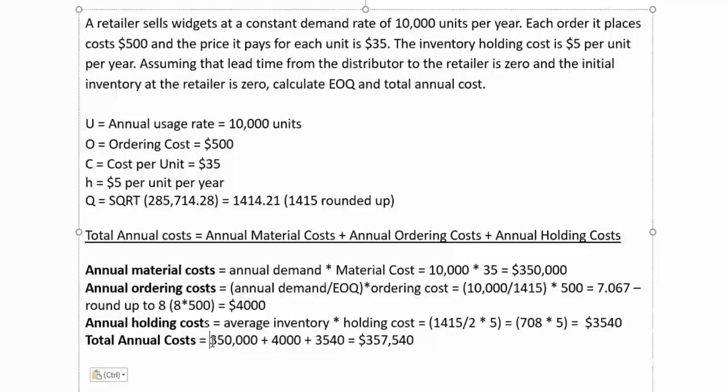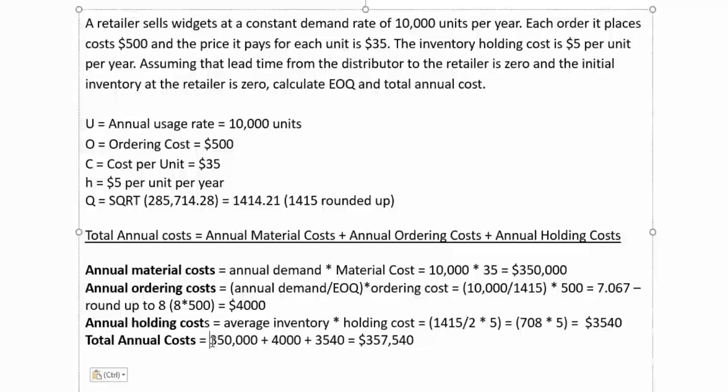I put an announcement in class about how these graphs work. Watch the announcement if you have any questions. I also have a YouTube video that talks about this as well. So the EOQ allows you to optimize the lowest cost possible based upon all these variables.